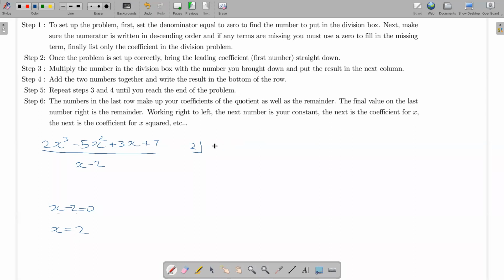If any term is missing, we have to put a 0. So here I start from 2, next one is -5, with the sign, and these are the coefficients, 7. Then you draw a line.